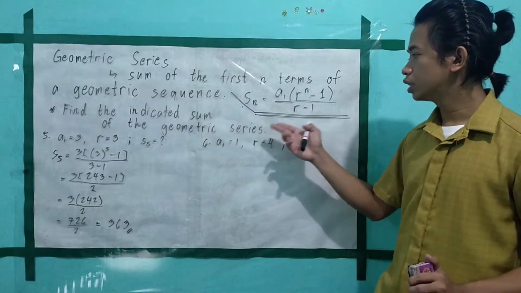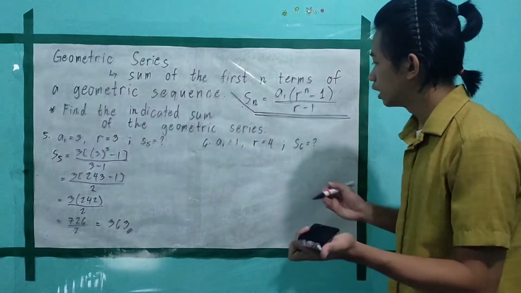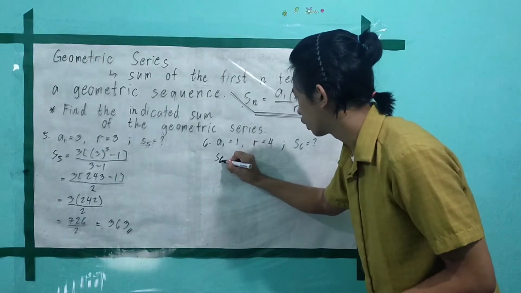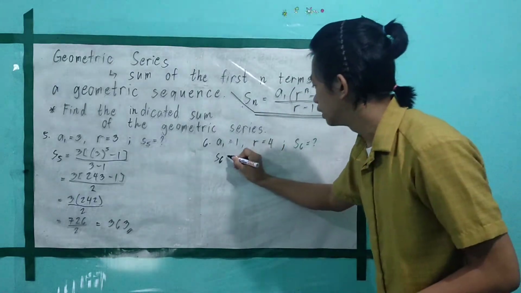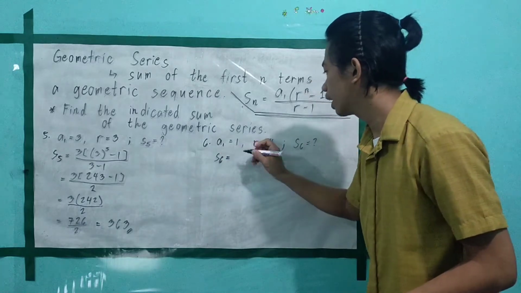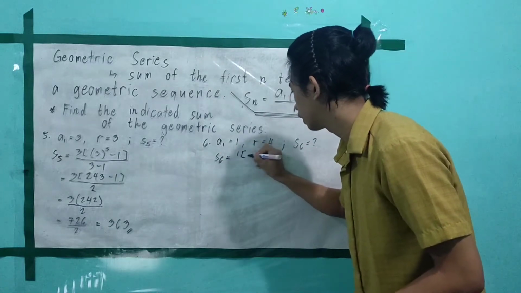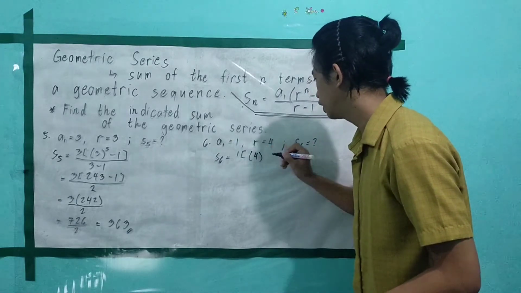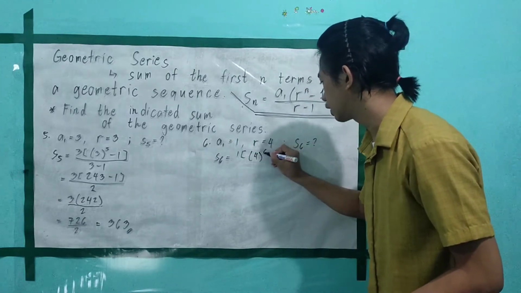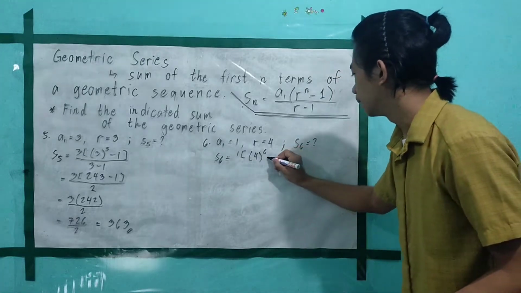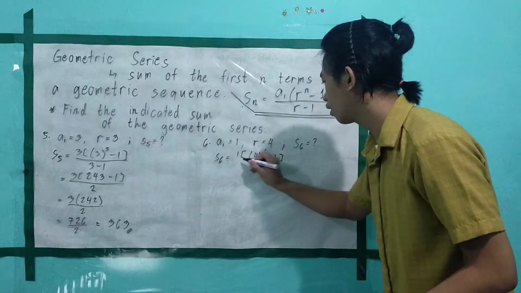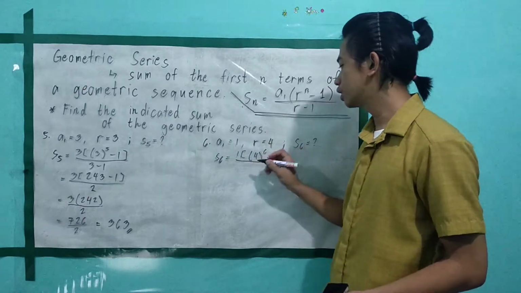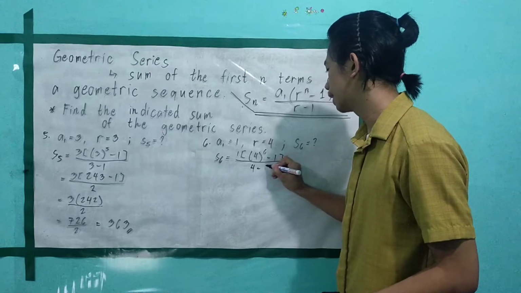Since we are looking for the first 6 terms, we write S sub 6, which is equal to A sub 1, 1, multiplied by 4 raised to 6, minus 1, all over the common ratio, 4 minus 1.